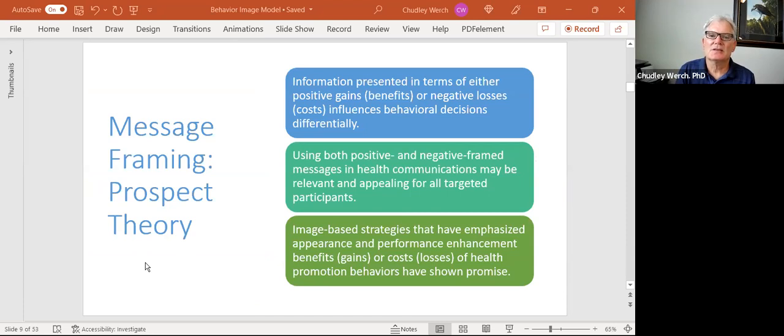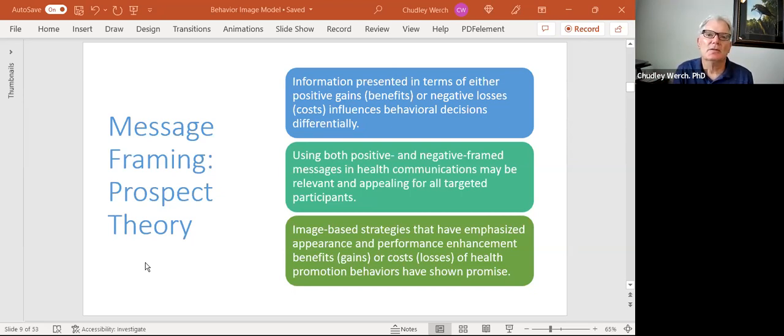And this theory says that information presented in terms of either positive gains, in other words, benefits, or negative losses, in other words, costs, can influence health behavior decision-making differently. And most of the research highlights that positive gain benefit messages are more likely to be effective than cost or loss messages.